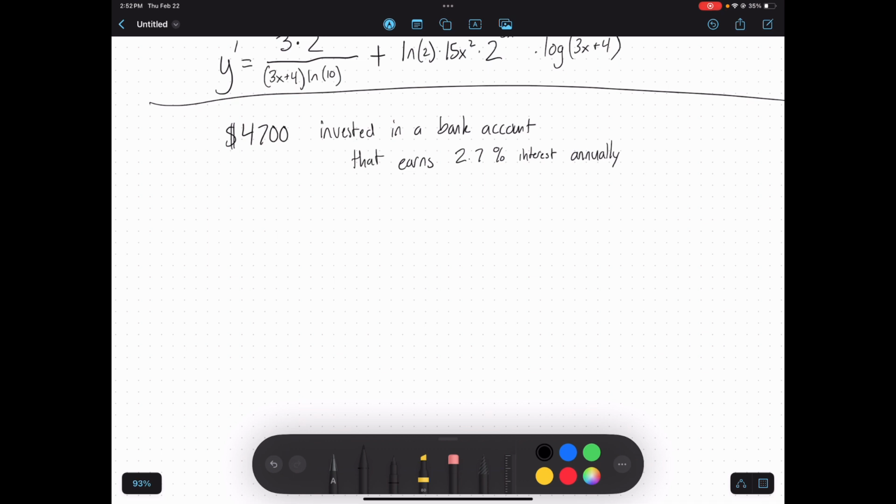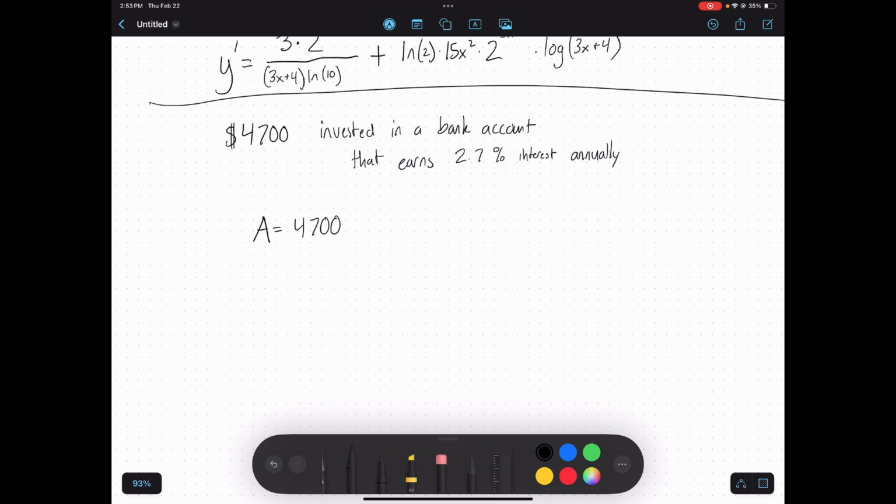How would I write that as an equation? So my principal amount is $4,700. But because this is annual interest, I'm not actually going to write it using base e, because that would represent continuous interest being compounded continuously, and annual interest works different.